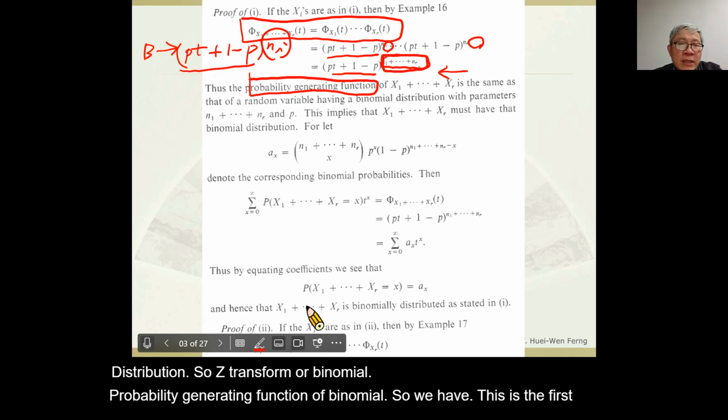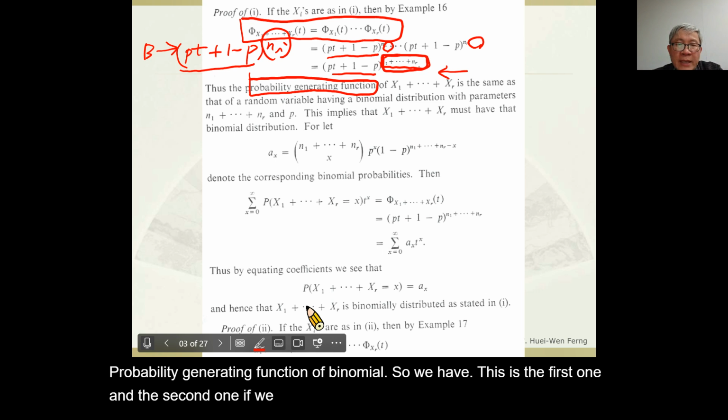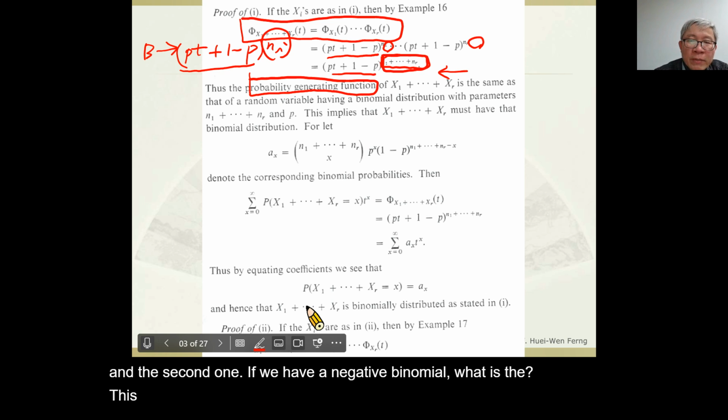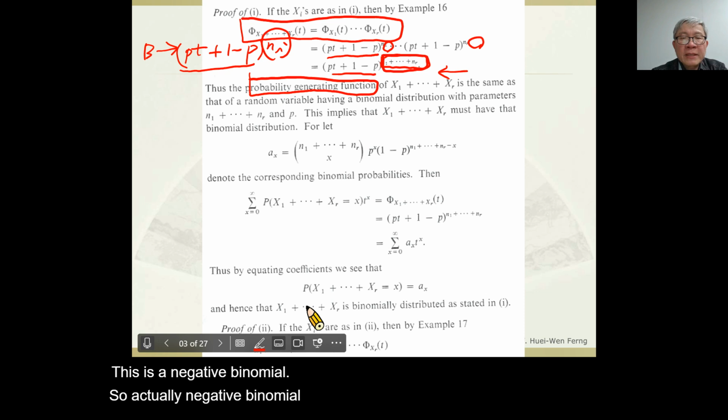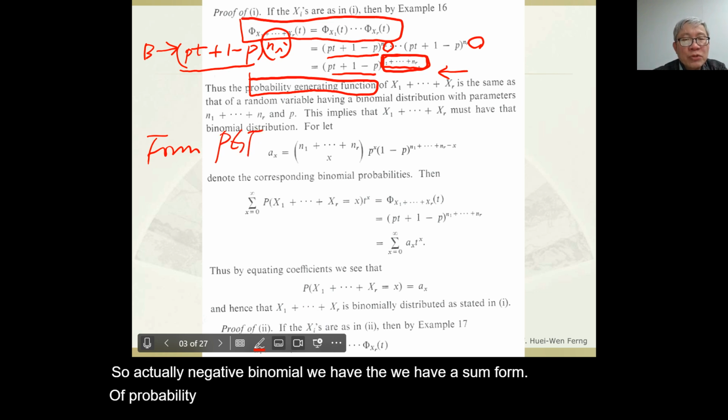And the second one, if we have a negative binomial, what is the probability generating function? For the negative binomial, we have some form of probability generating function for sure.